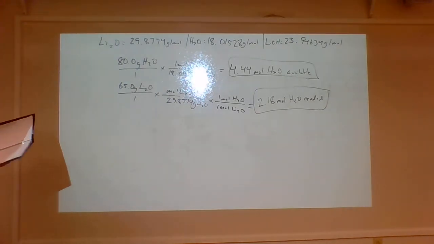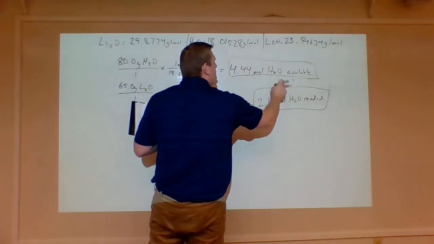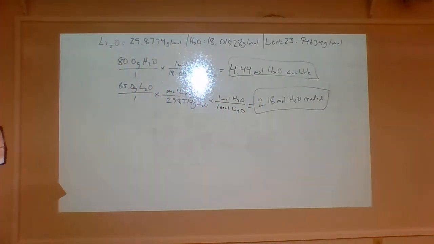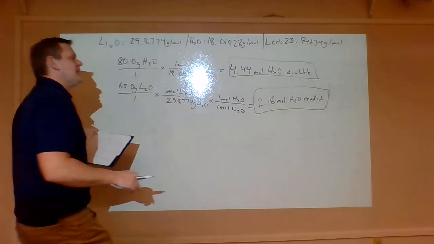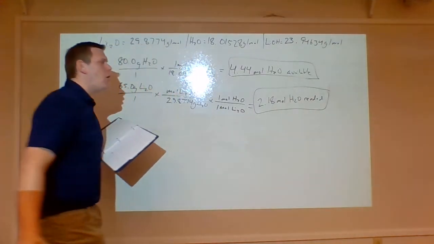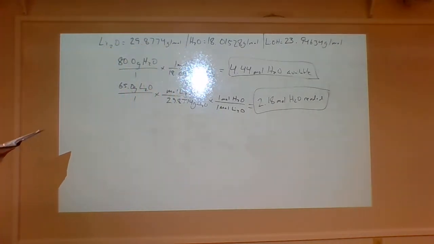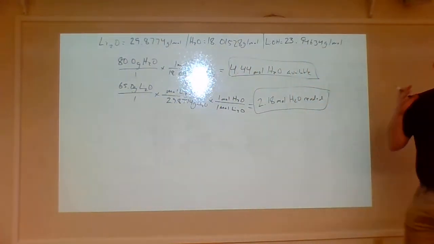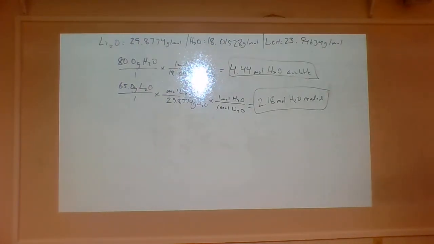Since we've now converted these both into moles of the same thing, we can compare and say which one is going to be our limiting reagent and which one's going to be our excess. Since there are fewer moles of water needed for this lithium oxide, that means it has the capability of producing less product.